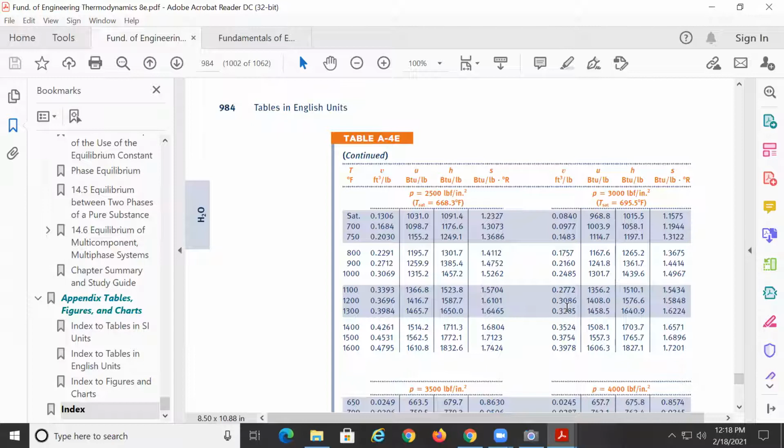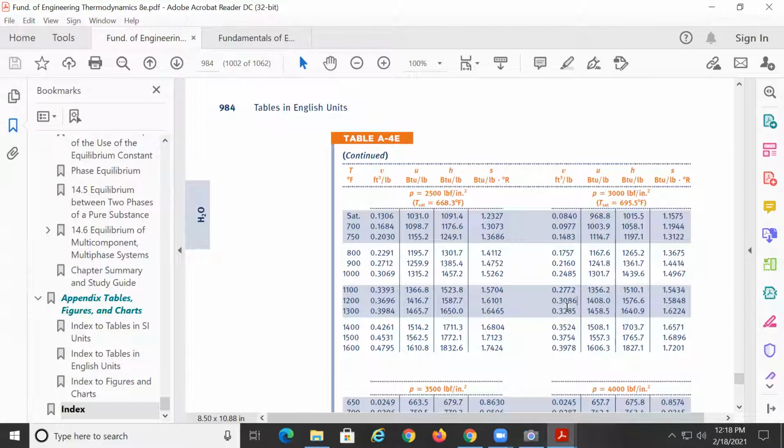So I can write down over here, let's say it would be V equal to 0.2772, 0.3086, and I know here U is 1356.2, 1408.